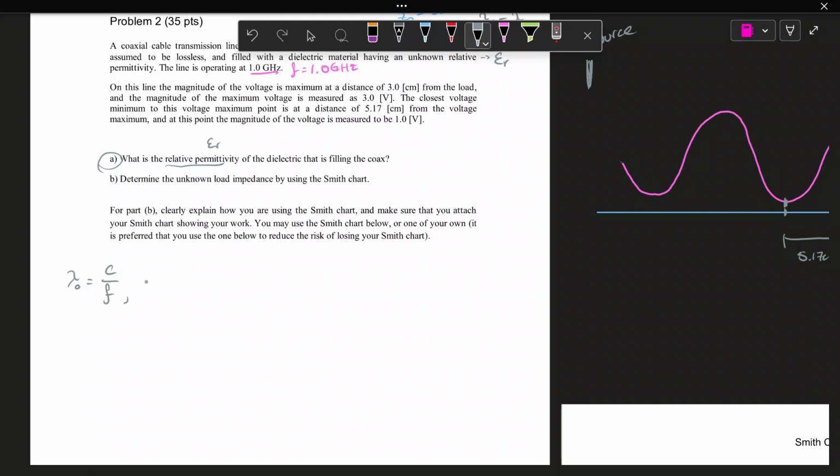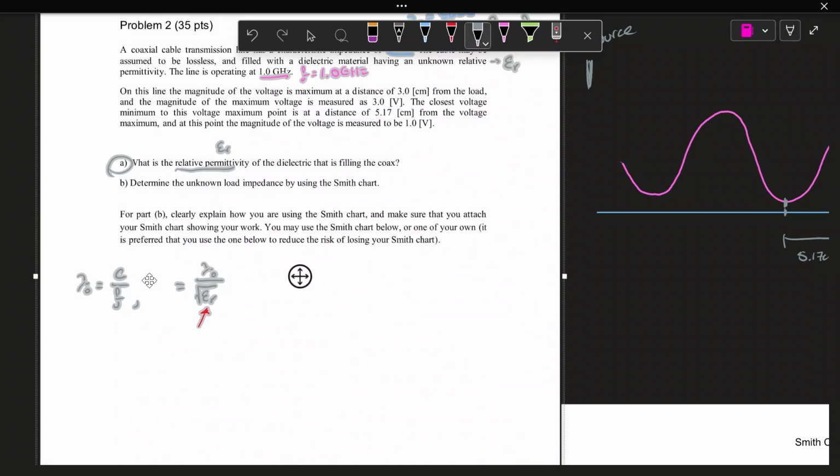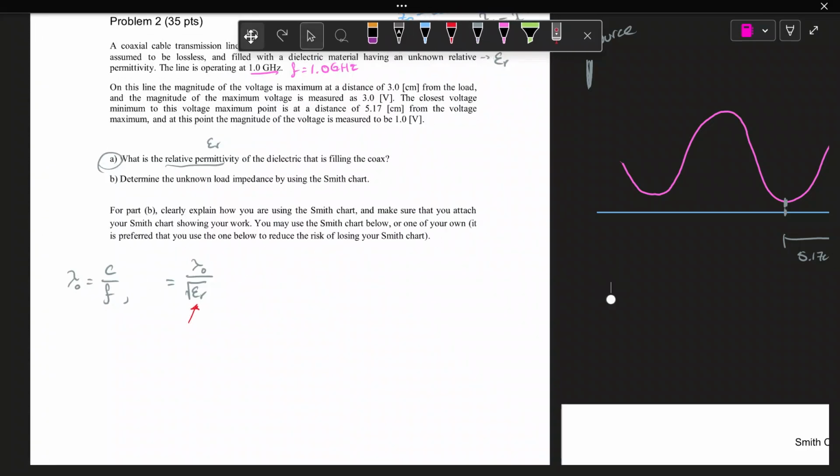What else do we know? Lambda d is equal to lambda 0 divided by the square root of epsilon r. You'll definitely have to look at the formula sheet for this one. Epsilon r is what we're looking for. We know lambda 0, but lambda d is something new, not given to us straight out, so we have to find it.